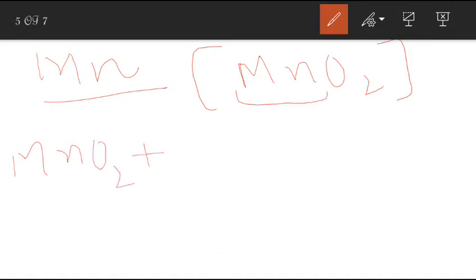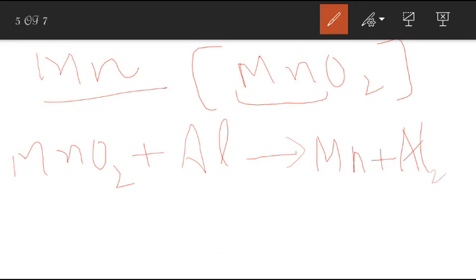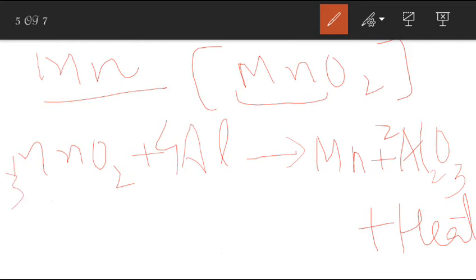Manganese oxide plus aluminum will form manganese plus aluminum oxide plus heat. You will balance this reaction: 3, 4, 3, and 3.